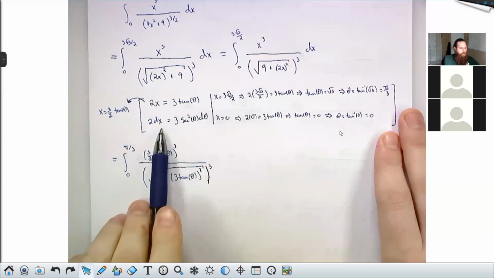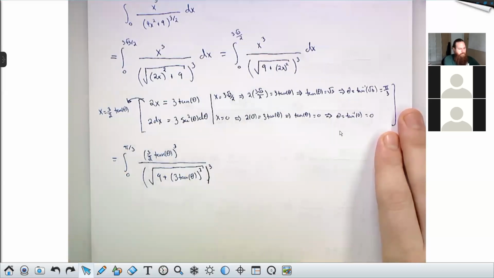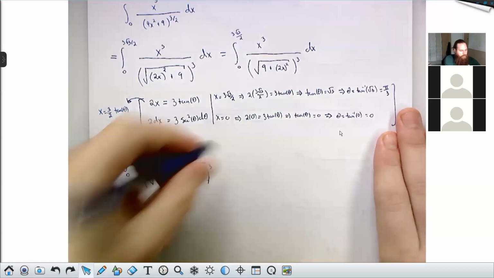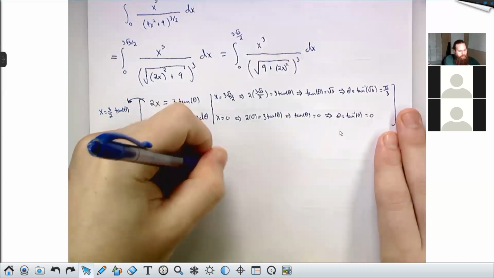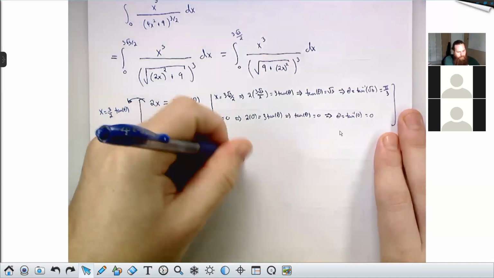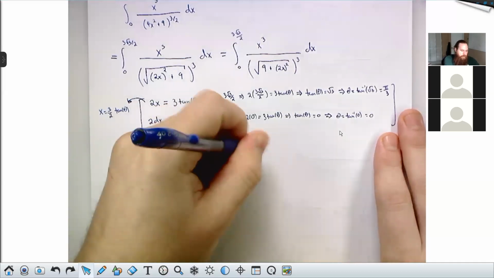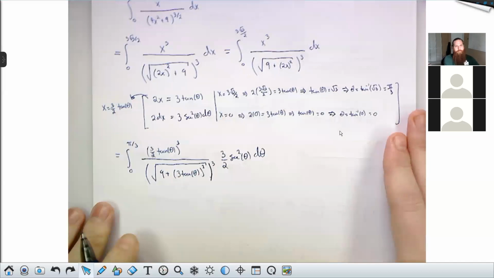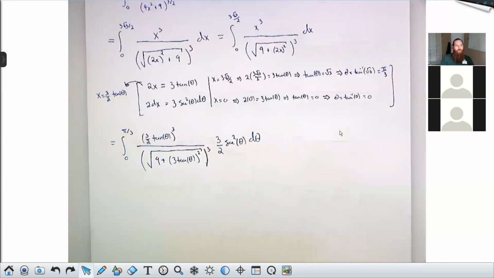If 2 dx is 3 secant squared theta d theta, then dx itself is 3 halves secant squared theta d theta. So again, take a second, make sure your notes have everything you need, make sure it's clear. This is no small amount of work.